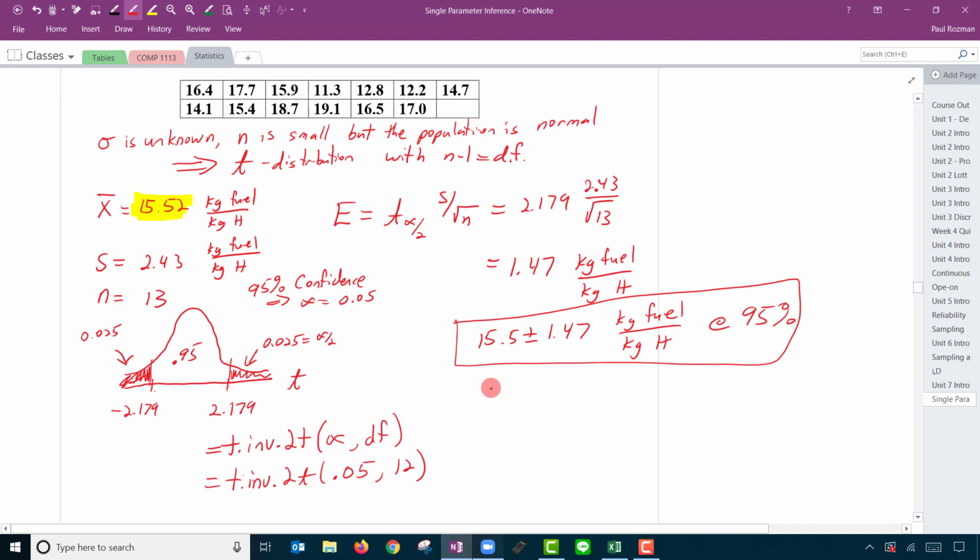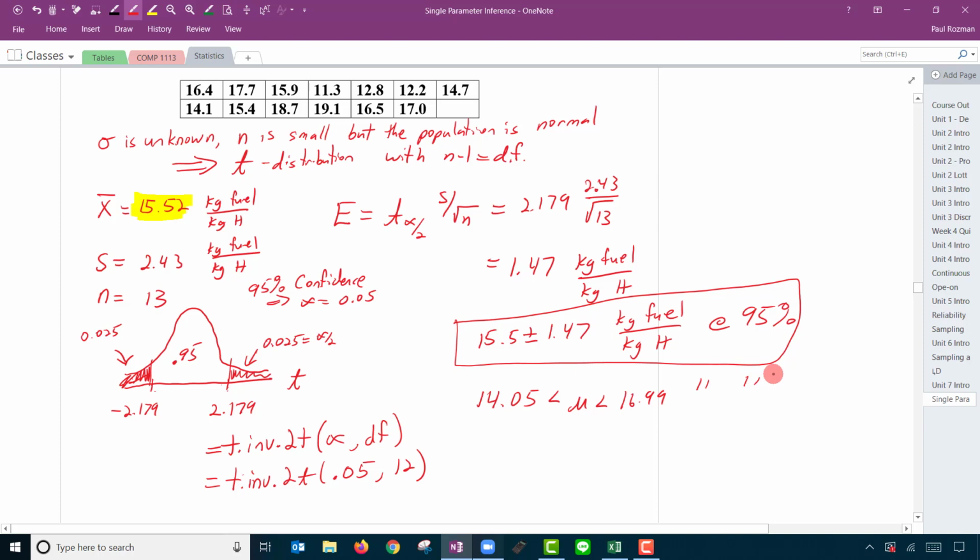Maybe you prefer to write it as an interval, 14.05 is less than mu is less than 16.99. This is rounded. I like this notation because it shows me that you know what parameter you just estimated. And then the units and label there.